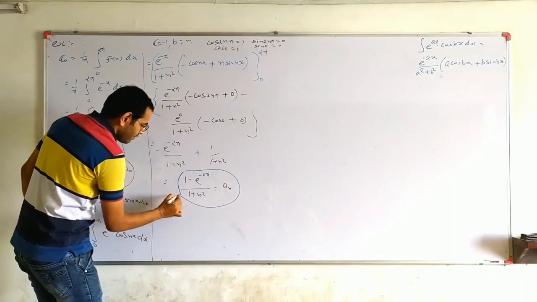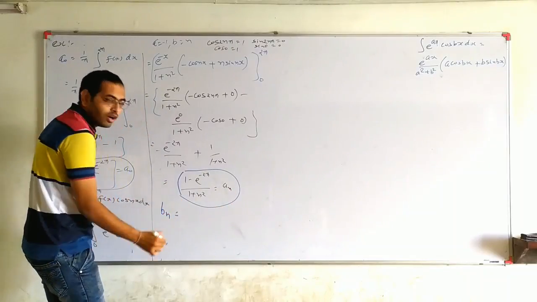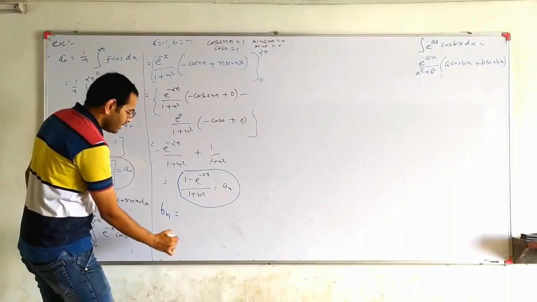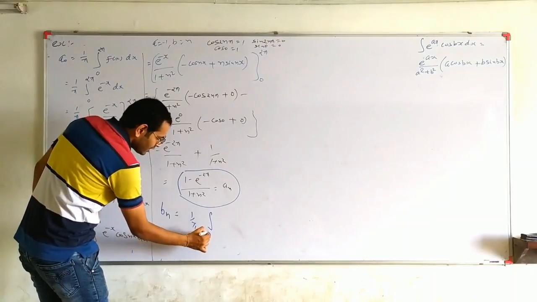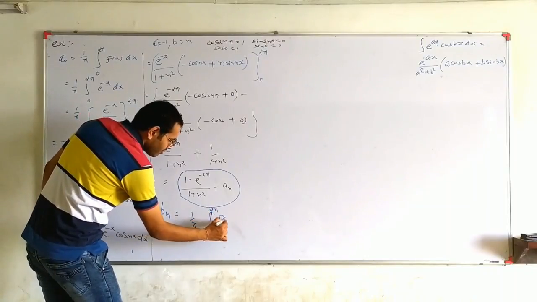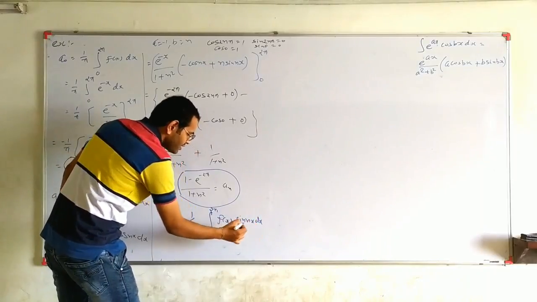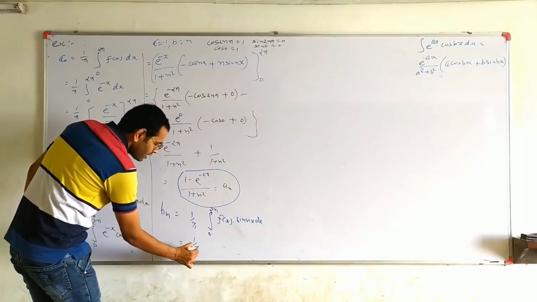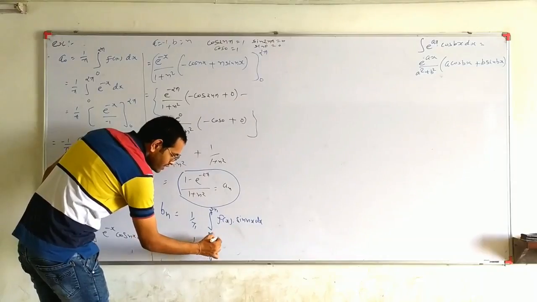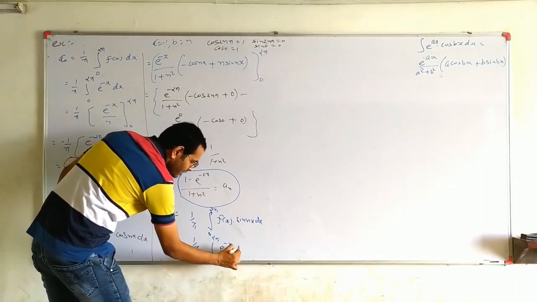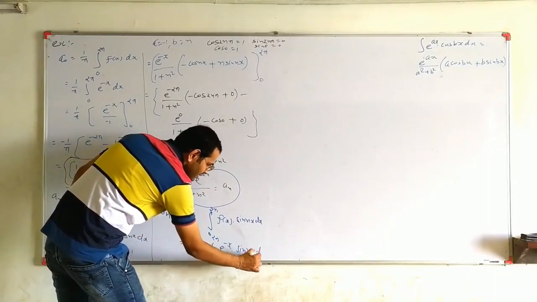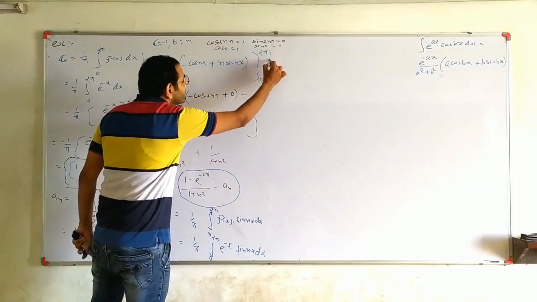Similarly, we can find the value of bn. Then 1 upon pi integral 0 to 2 pi f of x sin nx dx. Then substitute the function, that is e raised to minus x sin nx dx.